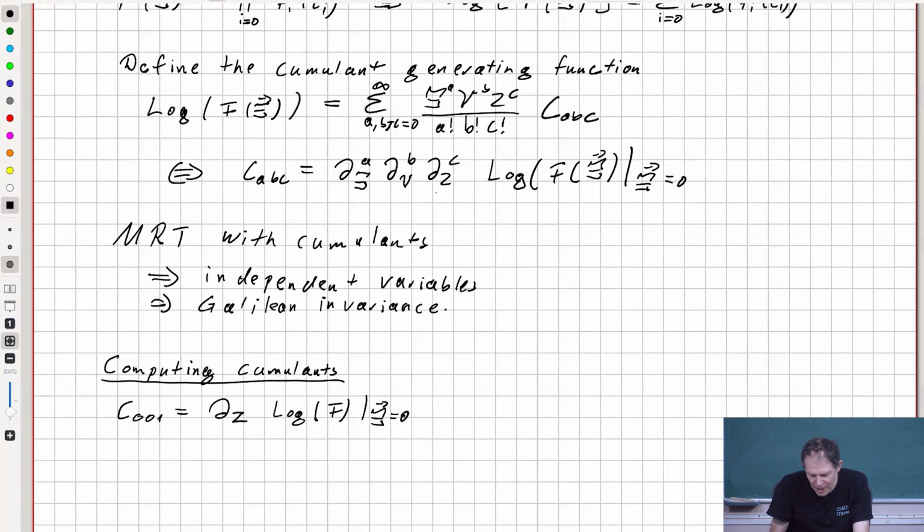Instead of doing all the calculations, you just apply the chain rule of differentiation.